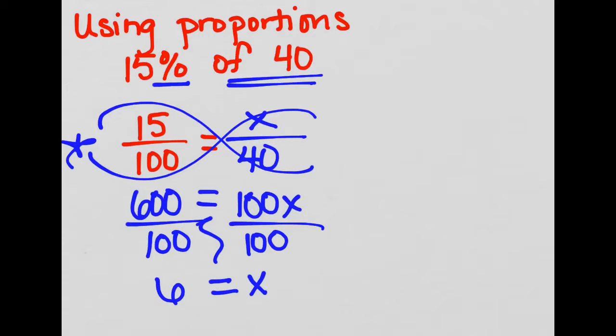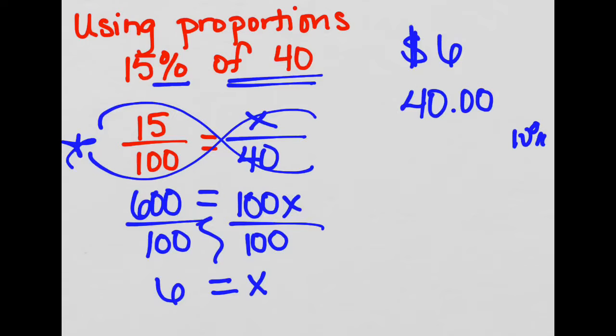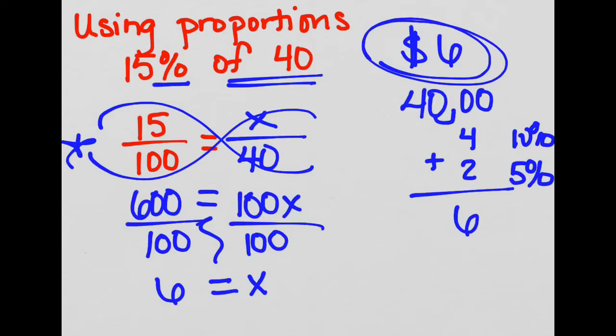So what is 15% of 40? It'd be $6. And if we wanted to double check, again, we have that $40, the 10% would be 4, the 5% would be 2, and if I add those together, again, I would get that $6. So this is just a different way of finding the same thing, the 15%, using proportions.